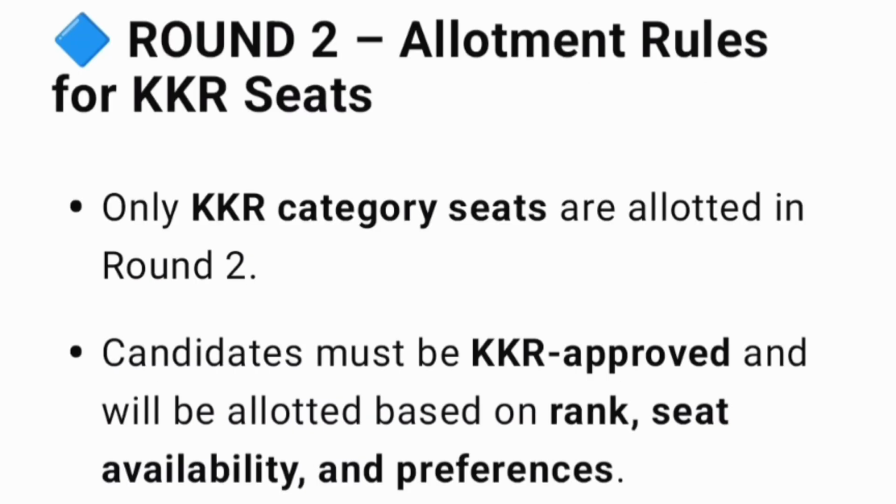Now let's move to the round 2 allotment rules. As you understand, round 2 is only for KKR seats. So only KKR category students are allotted seats in round 2. Candidates must be KKR approved and will be allotted based on rank, seat availability and the preferences they have filled.